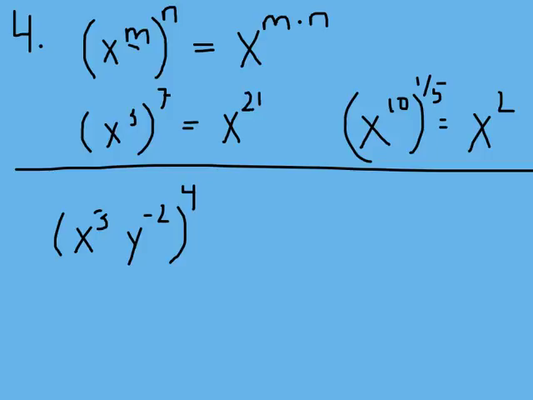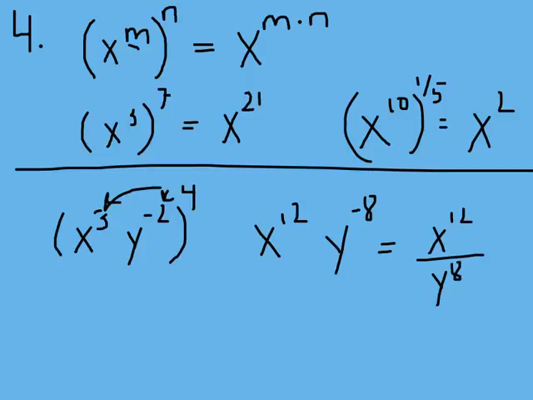I'm going to distribute the 4th power to each thing. So we have x to the 12th, y to the -8. However, we don't want to keep any negative powers, so that's going to be x to the 12th over y to the 8th power.